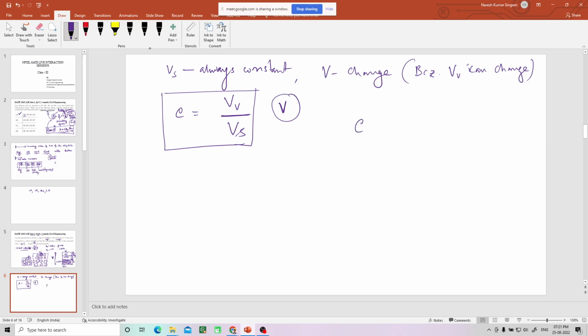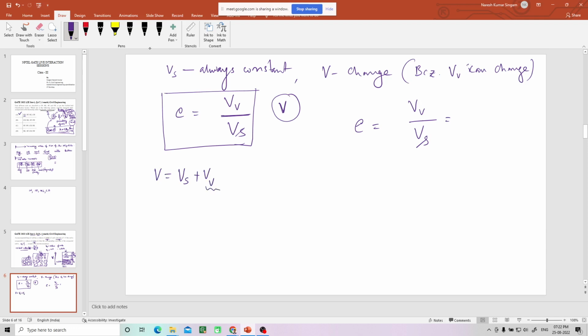What I'll do is E equal to volume of voids over volume of solids. As we have seen, total volume is always volume of solids plus volume of voids.